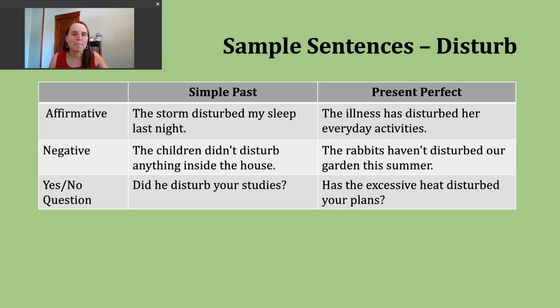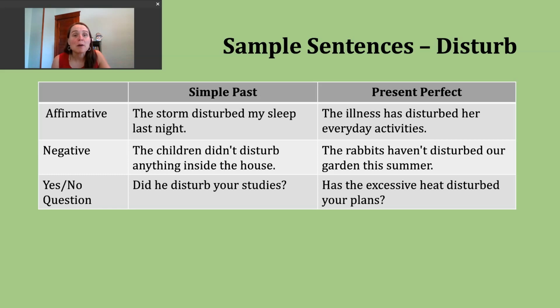Sometimes as children play, things might get knocked off a table or maybe a mess is made. All of those actions could be grouped together as disturbing, right? So it's interrupting that normal functioning.